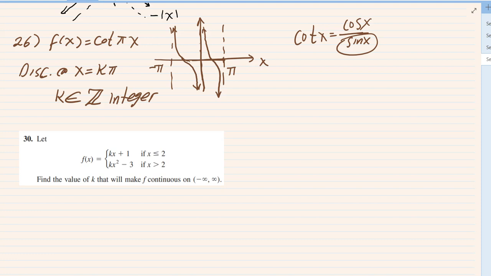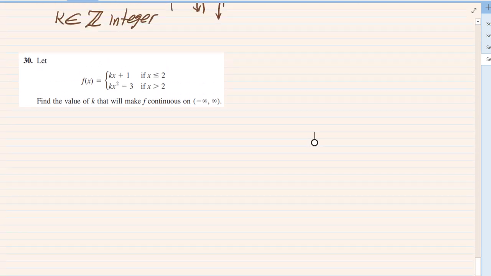In exercise number 30, we want to find the value of k. It's kind of like the earlier example that I did. We want to find the value of k that will make the function continuous everywhere, right? That's from negative infinity to infinity. We could go ahead and graph it just to see what's going on, but without graphing, we can also do this.